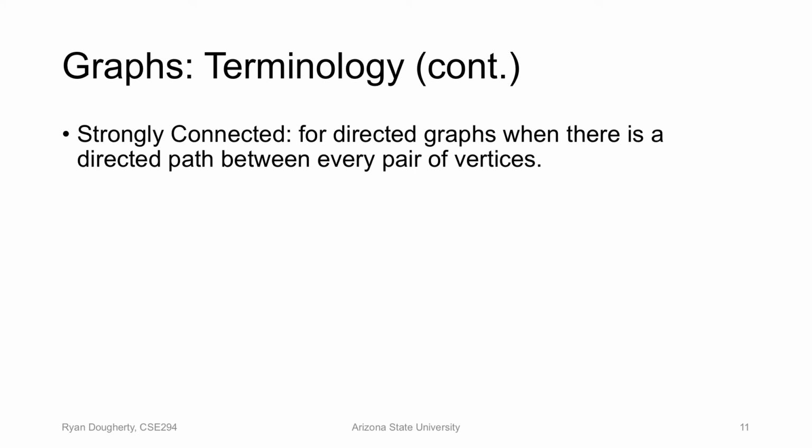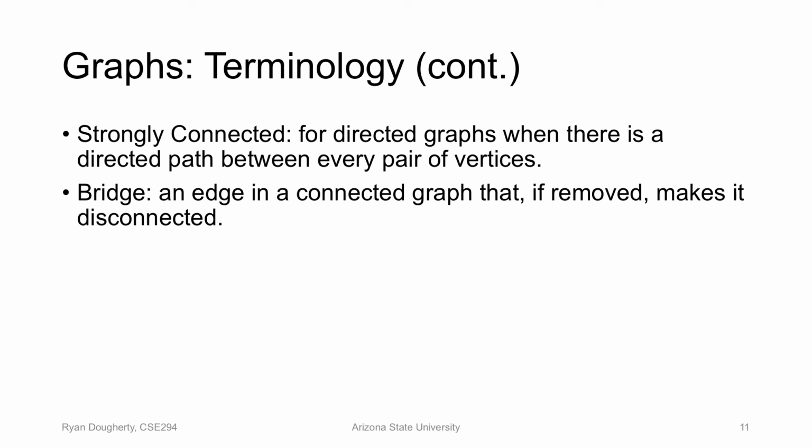So I know this is really confusing, but just the word connected by itself is only for undirected graphs. And then strongly and weakly are for directed. Yeah, I know it's really confusing. If you think of it like the adverbs on the adjective, it's like another word to be added to it.